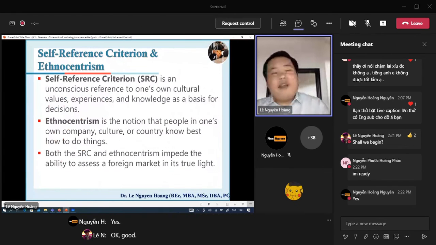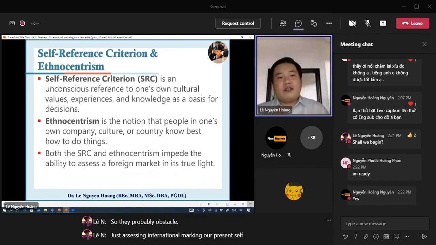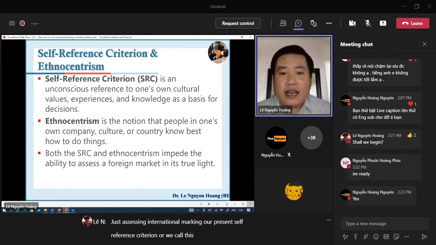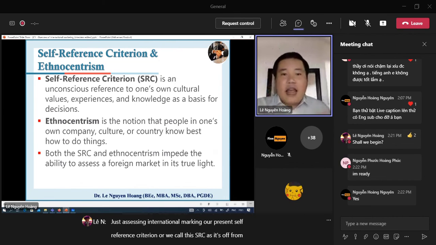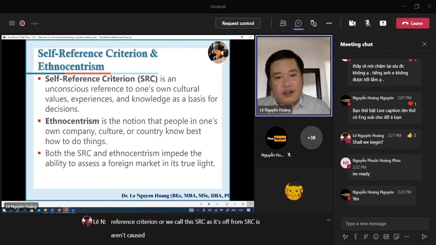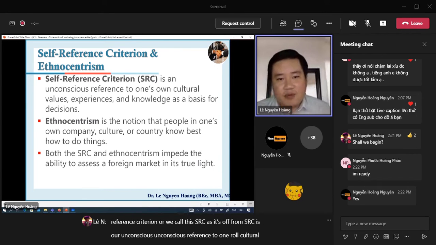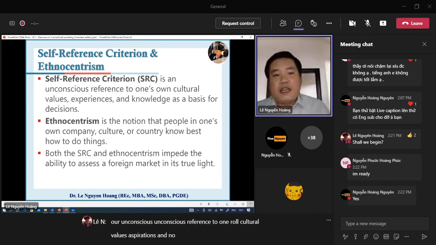So the primary obstacle to success in international marketing is a person's self-reference criterion, or SRC as its short form. SRC is an unconscious reference to one's cultural values, experience, and knowledge as a basis for decisions.